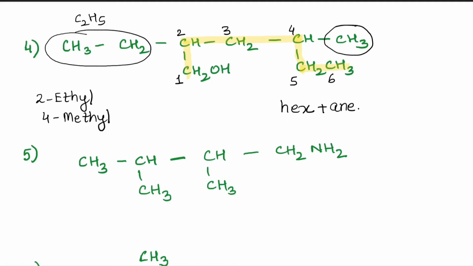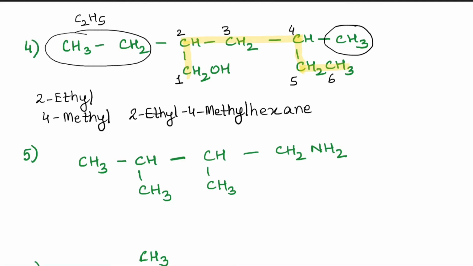Now I have to write the 2-ethyl and 4-methyl as prefixes. And how am I going to do it? Yes, very good. We are going to name it in alphabetical order. And there we go. So we have over here 2-ethyl, 4-methyl, and let's join the hexane to the methyl, because as we said earlier, IUPAC name is a single word.